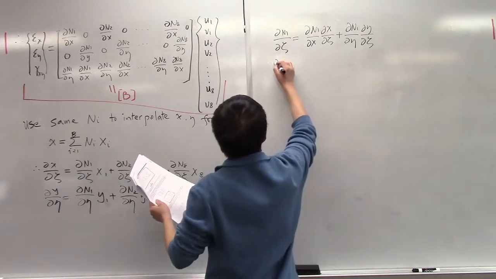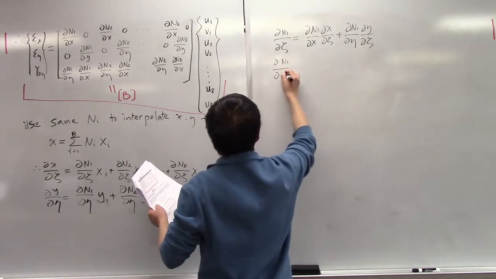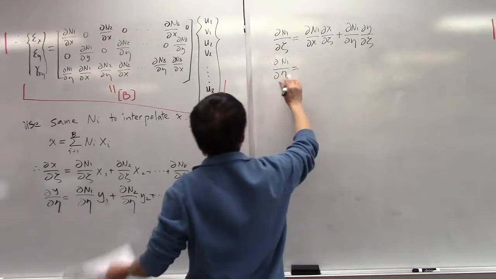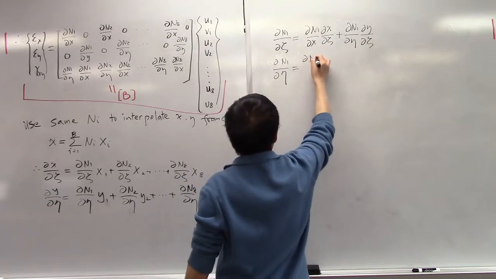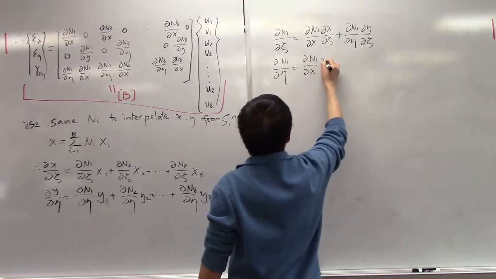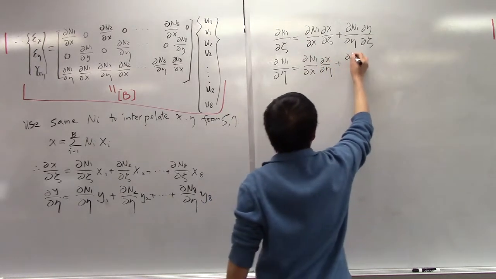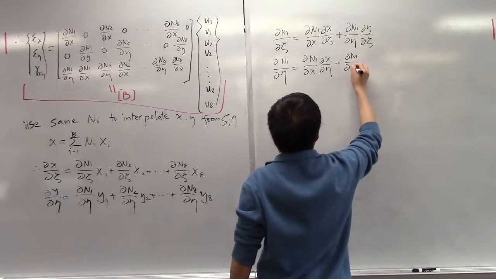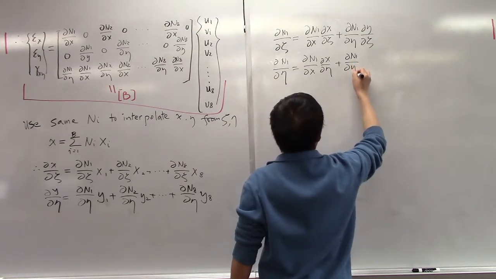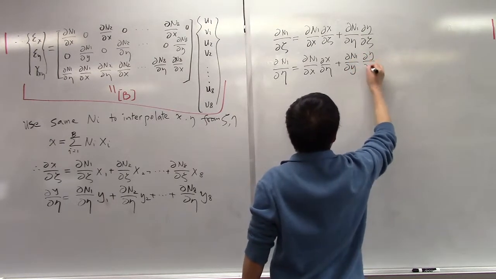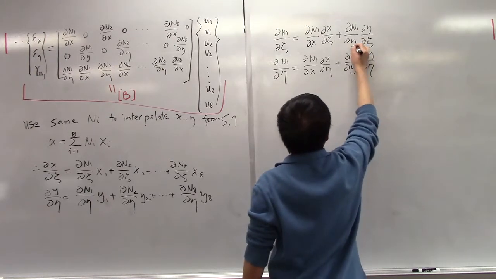Similarly, we can say the derivative of N1 with respect to eta is also partial N1, partial x, partial x, partial eta, plus partial N1, partial y, and then partial y, partial eta. Okay, this is y.